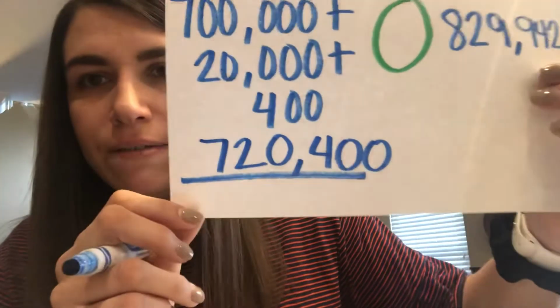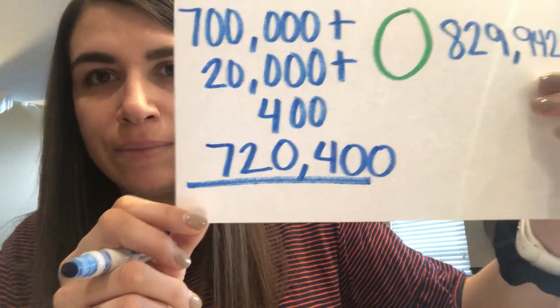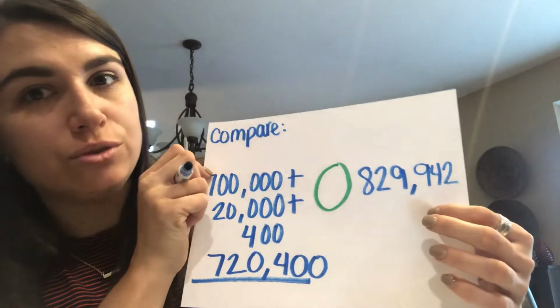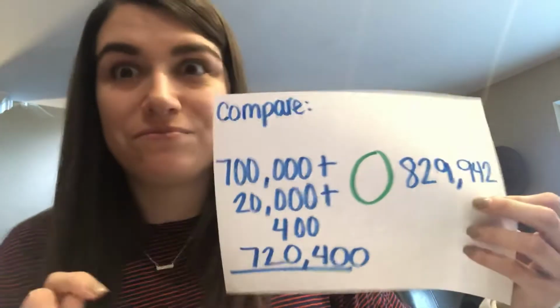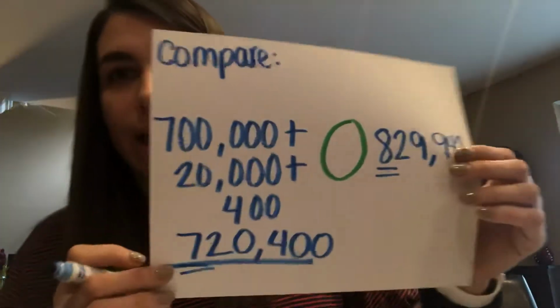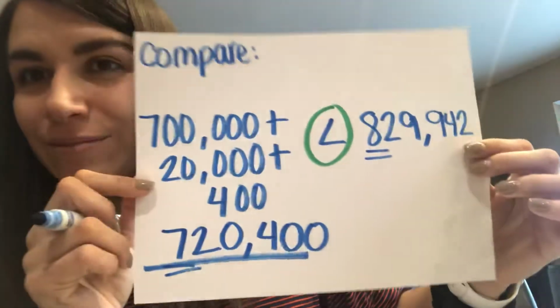So I should have 720,400 compared to 829,942. So already, the place you're supposed to be looking at, 100,000s place, the 8 and the 7 are different. So comparing the 7 and the 8, I know that 800,000 is more than 700,000, so my alligator is going to eat that side.